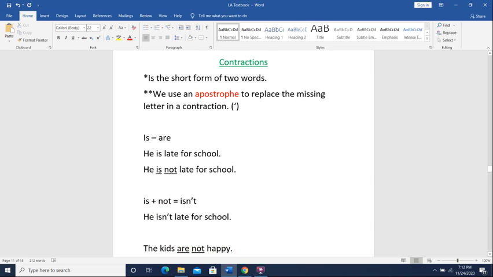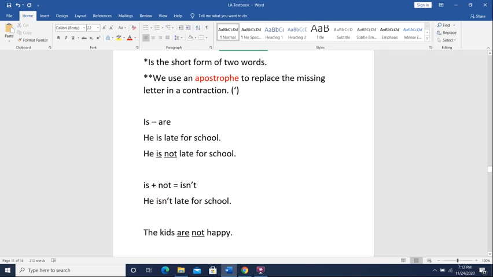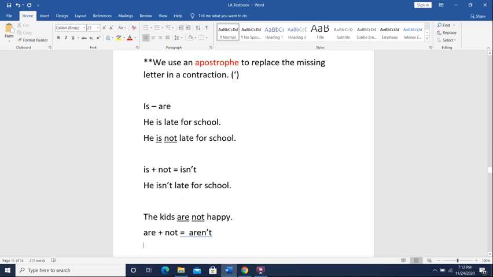I want to make a contraction for the two words are and not. What do I do? I write are first, and then I write the N next to it from the word not, and I take away the O and I put the T. Okay, and if I want to write the sentence, this is how I make a contraction: the kids aren't happy.